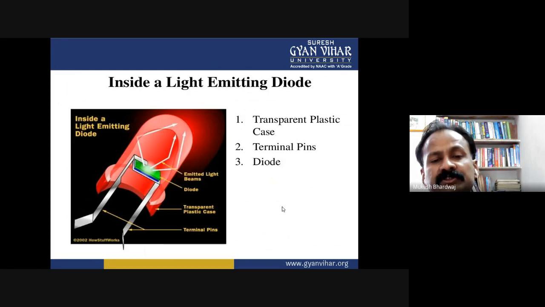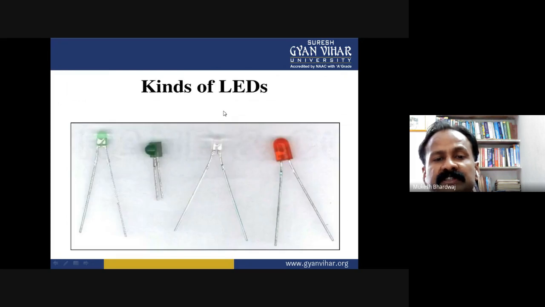So this is a diode. So, a transparent plastic case, terminal pins, and the diode. These are the kinds of LEDs.